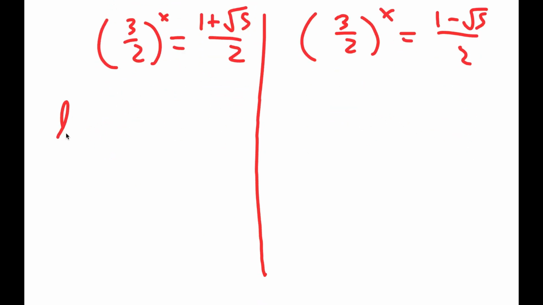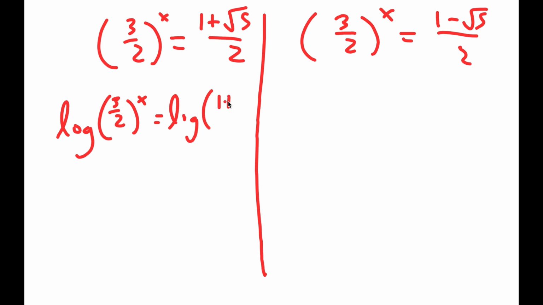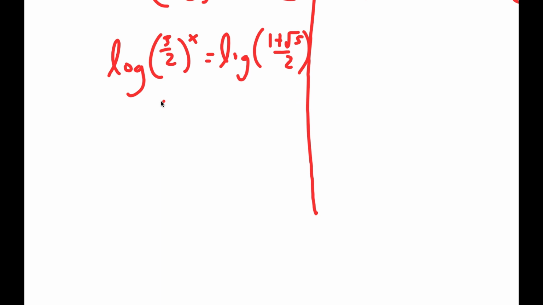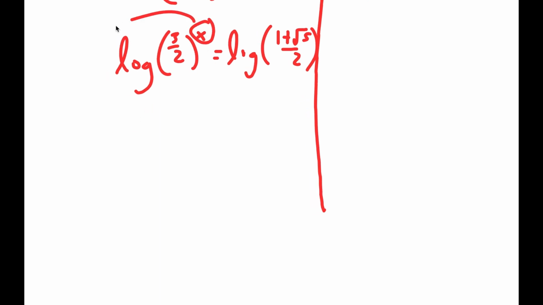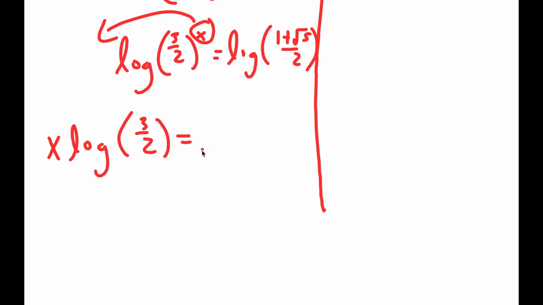So now to solve this, I'm going to take the log on both sides, so I get log of 3 over 2 to the power of x is equal to log of 1 plus the square root of 5 over 2. And now because I use the log, I can move this to the front, so I get x times log of 3 over 2 is equal to log of 1 plus the square root of 5 over 2.